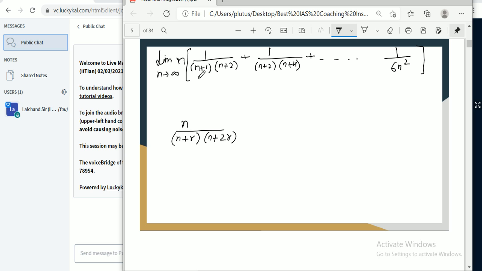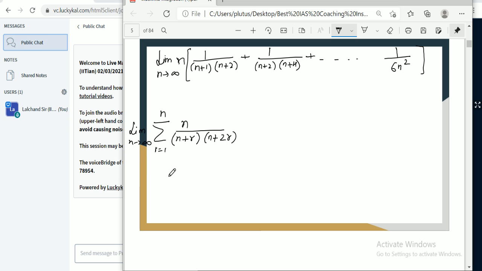If you put r equal to 1, we get this term. If you put r equal to 2, we get this term. And sigma r from 1 to n. Here the limit is the same, n tends to infinity.